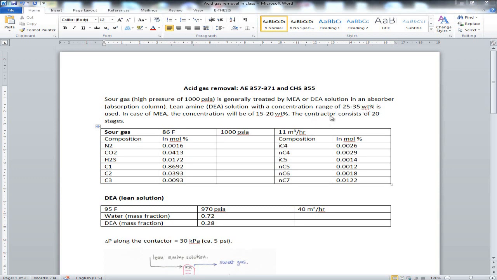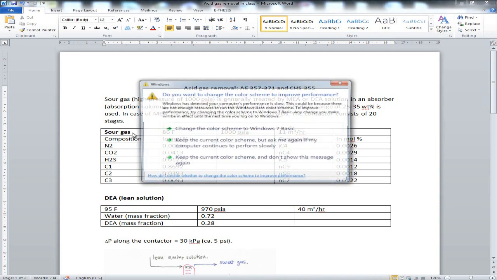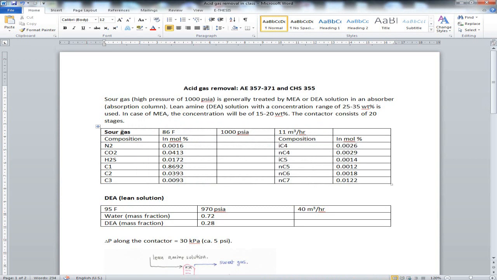The contactor, which is the one that we will use for the treatment, consists of 20 trays. So look at this, you will see that there are two streams involved in the contactor.